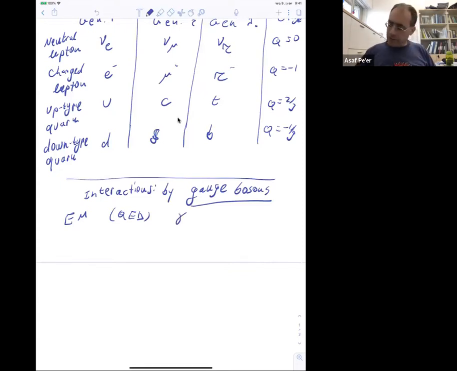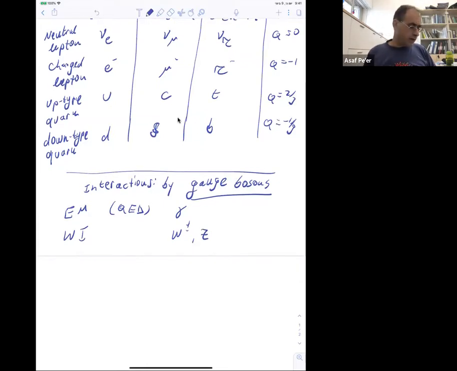For the weak interaction, we have 3 gauge bosons, W plus, W minus and the Z. For the strong interaction, you have what's known as gluons, and there are a total of 8 of those, because they carry their own charge, which is known as color.